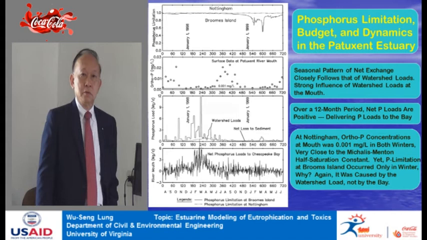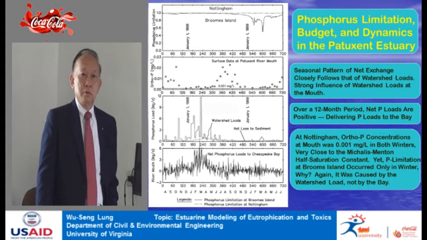But you look at the dynamic pattern here, very similar to these bars. Conclusion, strong influence of watershed loads at the mouth. So the mouth for the phosphorus situation is strongly influenced by the watershed, not by the bay. Over a 12 month period, net loss is positive. That means delivering phosphorus loads to the bay.